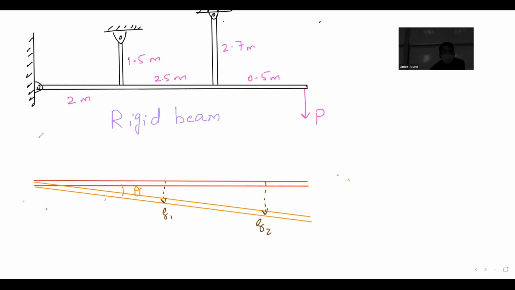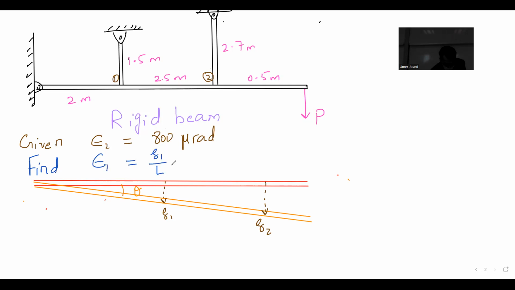So question is, given epsilon 2 is equal to, so you can name this as your 1 and you can name this rod as 2, as 800 micro RAD. Again, I'm not a big fan of this RAD for these epsilons. Find the epsilon 1, which is equal to change in length over original length, equal to question mark.